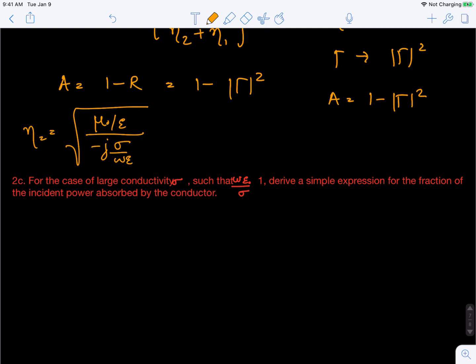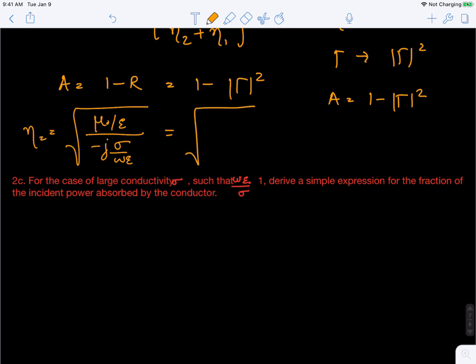We found the expression for eta 2 in 2a to be equal to square root of mu naught by epsilon divided by minus j sigma by omega epsilon. We could simplify this in another way, and I would prefer you simplify it the way I show it here rather than the way I showed it in 2a. Let's write epsilon as epsilon naught epsilon r.